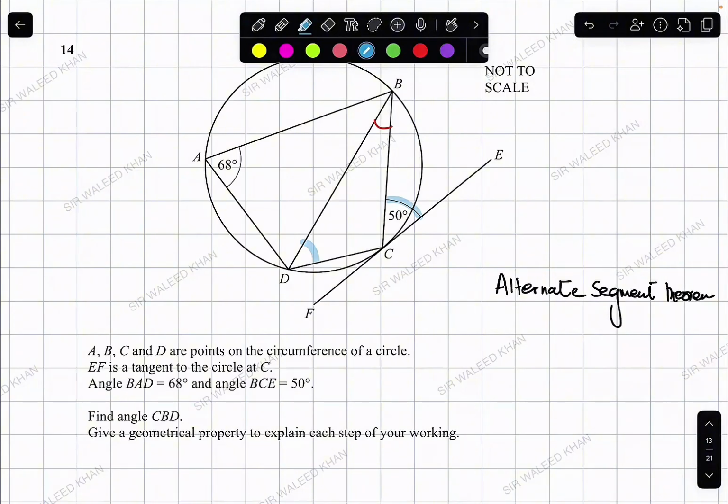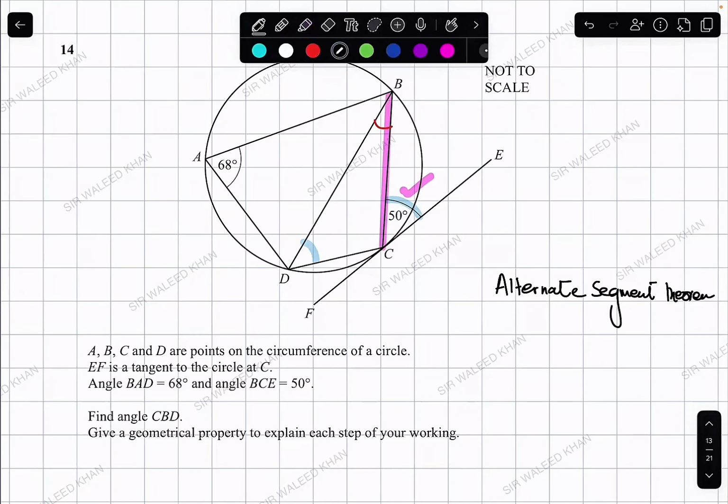According to alternate segment theorem, the angle between a chord and the tangent, which is 50, is the same as the angle made from this chord, this pink chord, onto the circumference. So you can see an angle is being made from this chord.